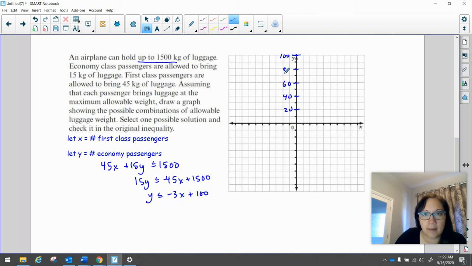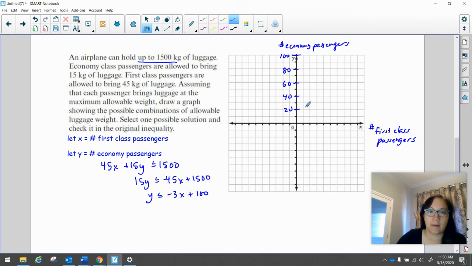So I'm going to indicate that all the way up. And this was the number of economy passengers. And this is the number of first class passengers. I'm not going to have negative numbers of passengers, so everything's going to be up here in quadrant 1.